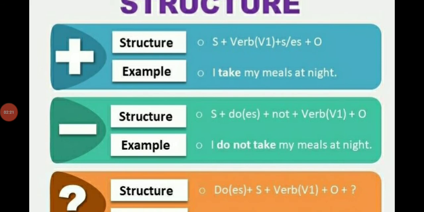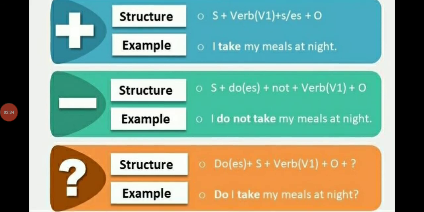Does not is for singular subject in the sense he, she, it, or any singular noun. Now see the structure with examples. It is given out here. Like I don't take my meals at night.